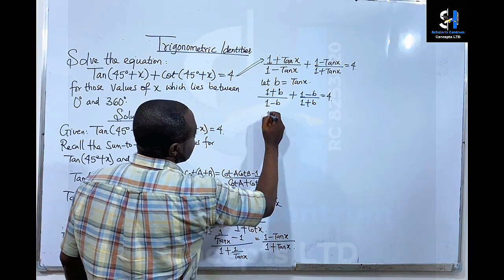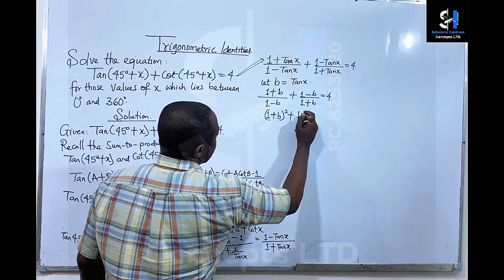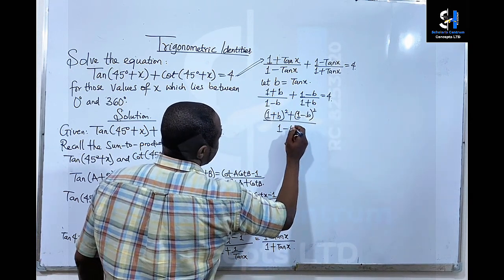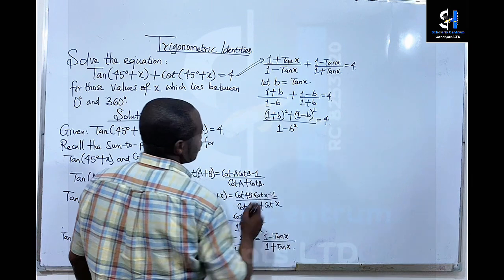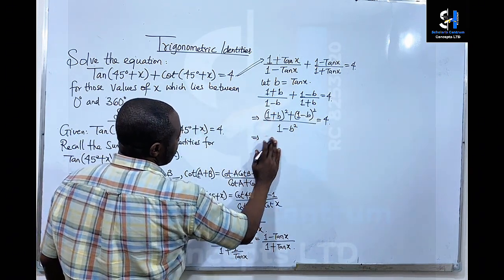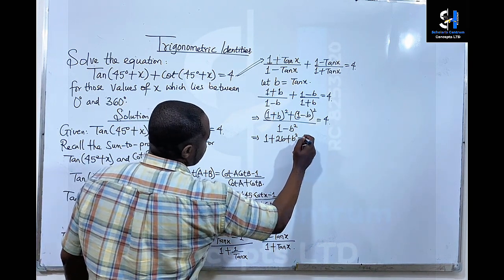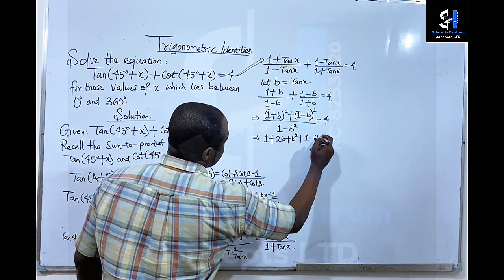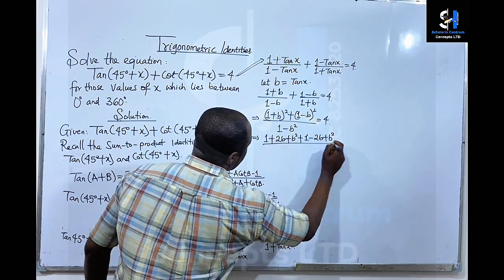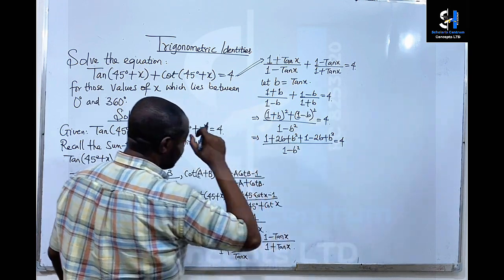Simplifying, this is (1 plus b) squared plus (1 minus b) squared over 1 minus b squared equals 4. When expanded, this will be 1 plus 2b plus b squared plus 1 minus 2b plus b squared, all over 1 minus b squared, equals 4.